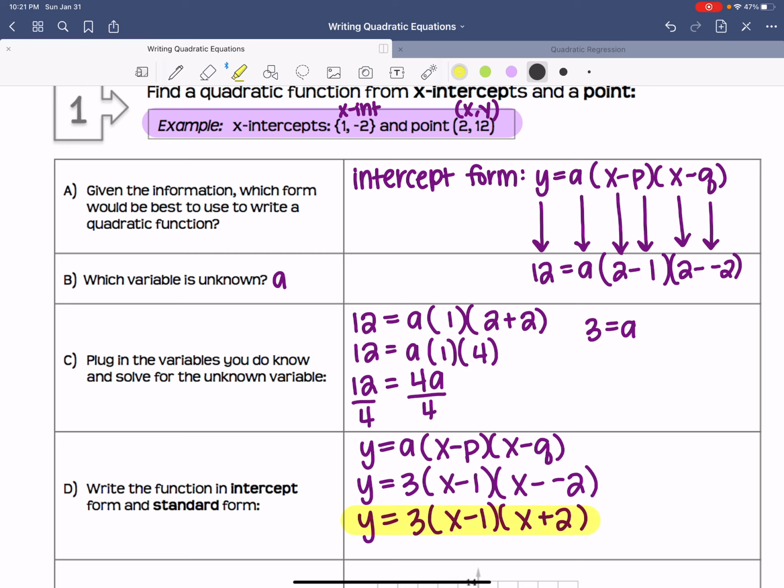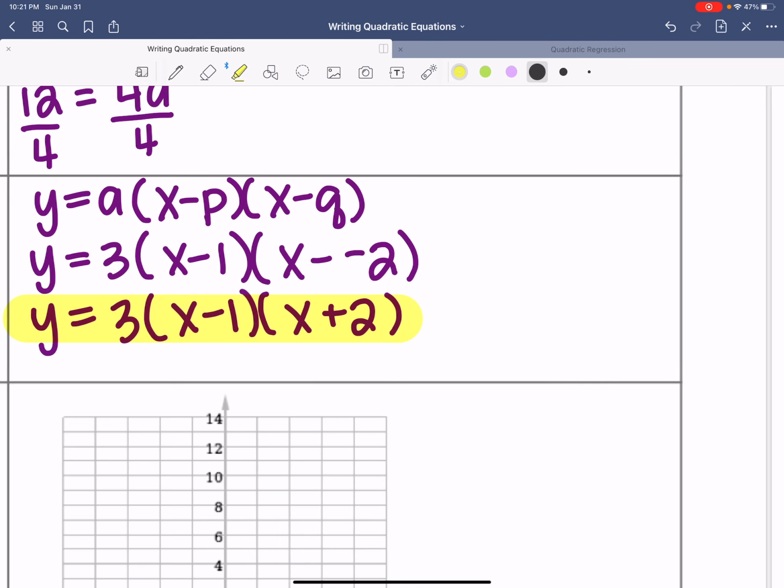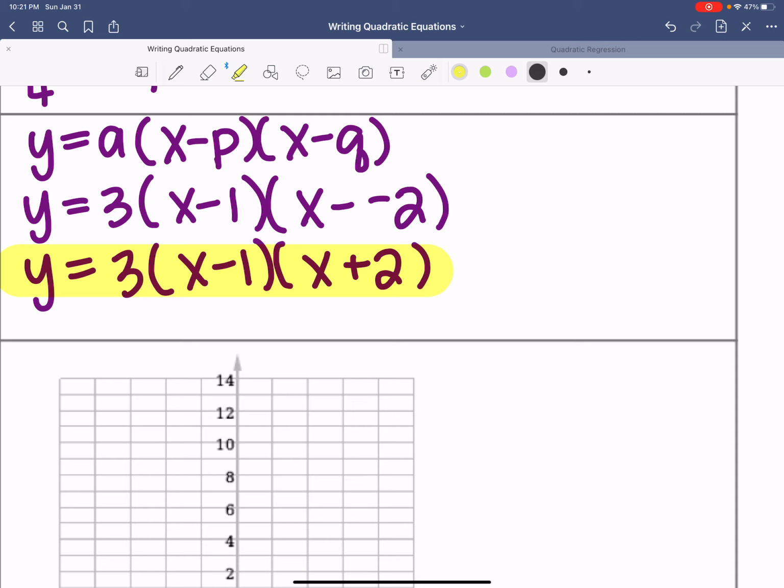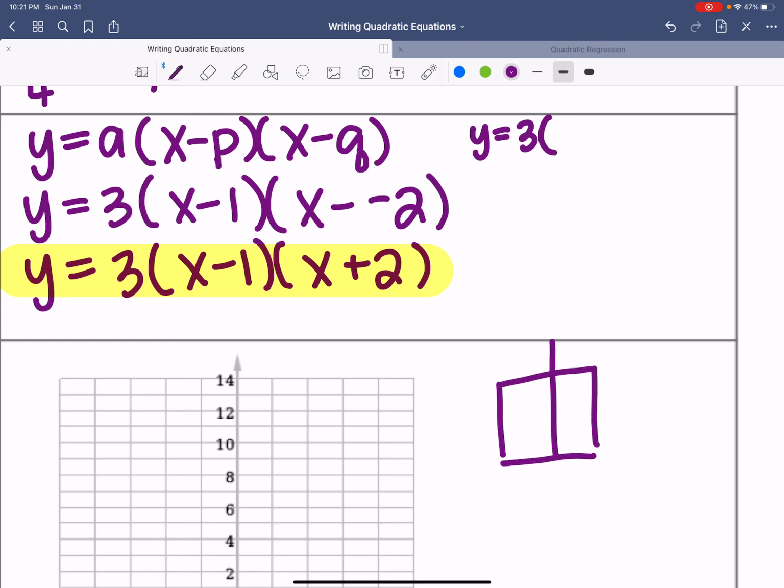Now this also says to write it in standard form. So if we were going to write this in standard form, what we would have to do is just box those two factors, those two sets of parentheses, and then write it in standard form. So really all we're doing here is multiplying out all of those parentheses. So that would be 3 times. Now what I'm going to do is use the box method to find what this is.